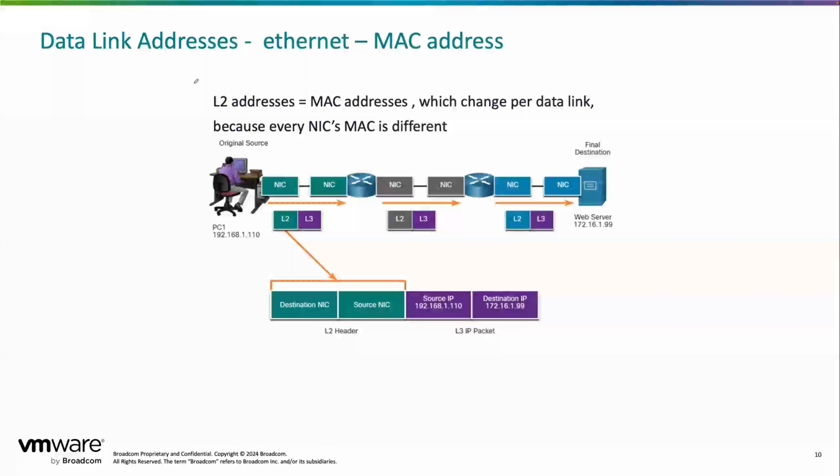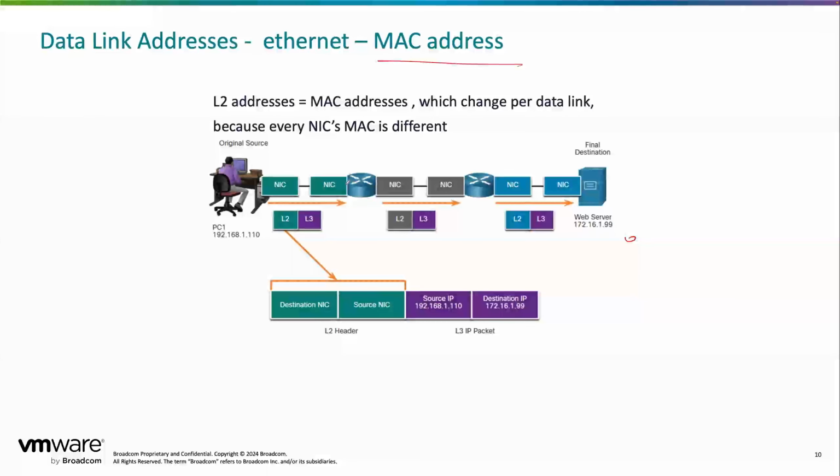Now let's take a close look at data link addresses, which are MAC addresses. Every network adapter around the world has its own MAC address. As this computer sends out packets to this server, the hub acts as the default gateway.